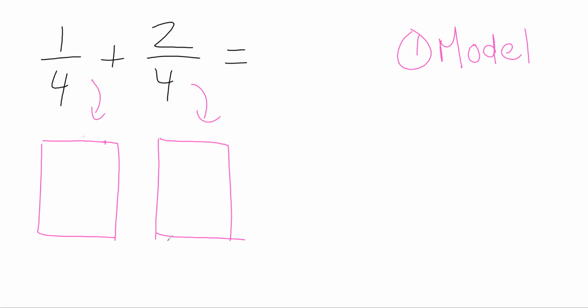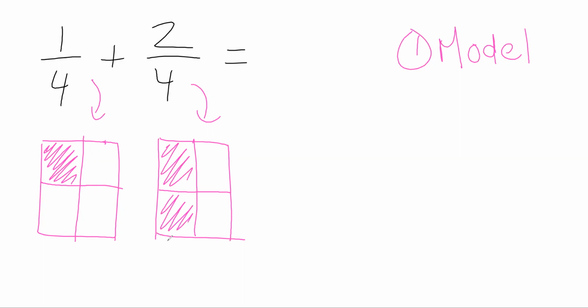And as again, the denominator tells us here, we have 4 equal parts, and one of them is shaded. And if we come over to the second one, same concept, 4 equal parts, and 2 of them are shaded. So if we were to add that together, if we thought about how to put that all onto one model, the reality is I still have fourths.